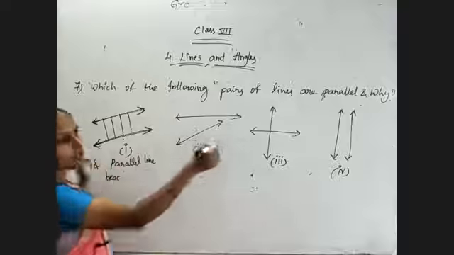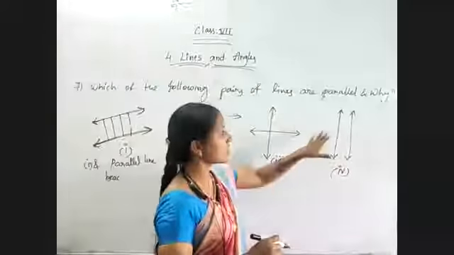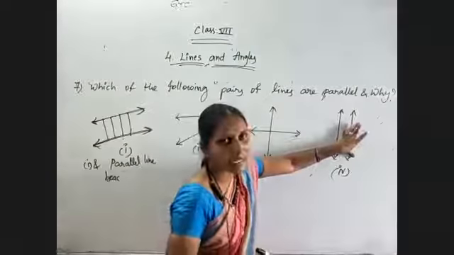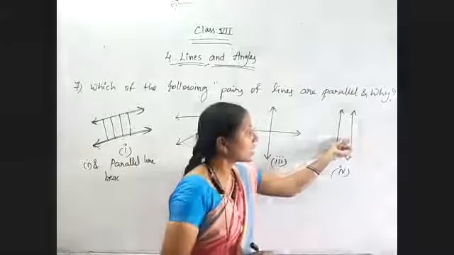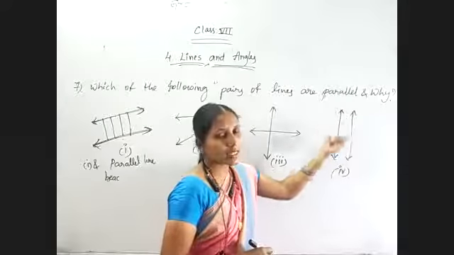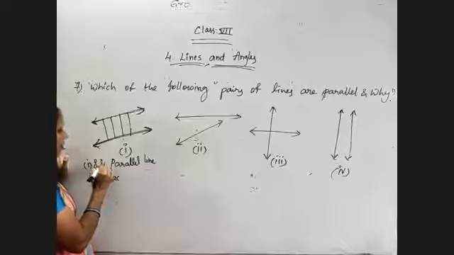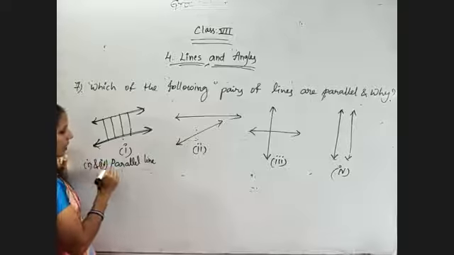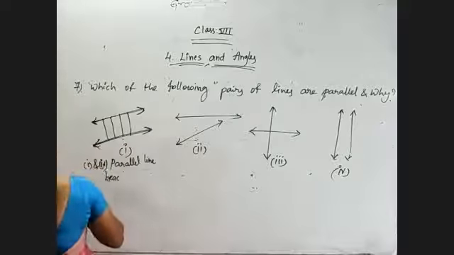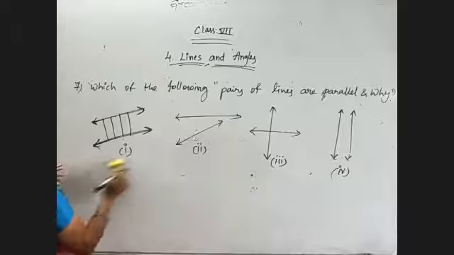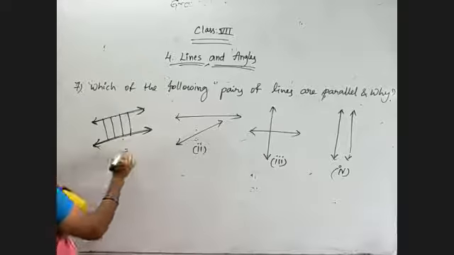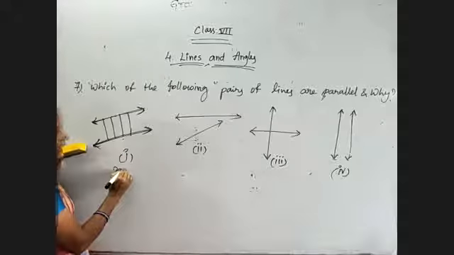And observe the fourth figure. For both the figures, same rule. These two also not meeting at any point, and these are maintaining the same distance always at any point. So 1 and 4 are parallel lines. Okay, now first let me explain everything. First one, it is very clear, these are parallel lines.